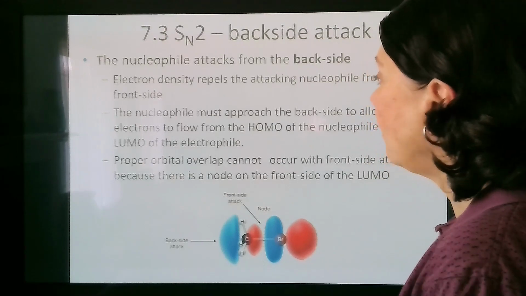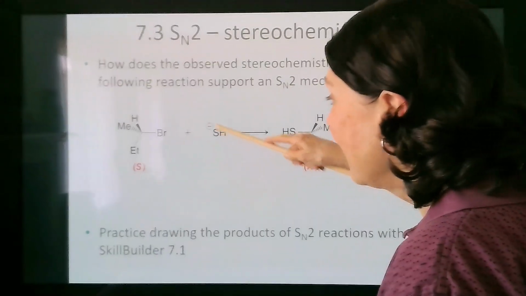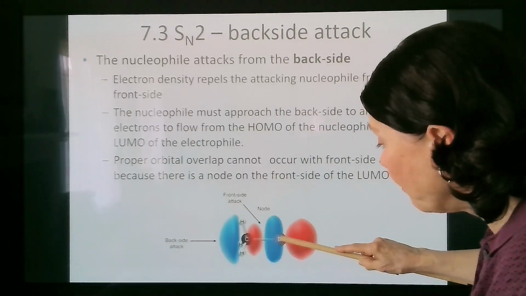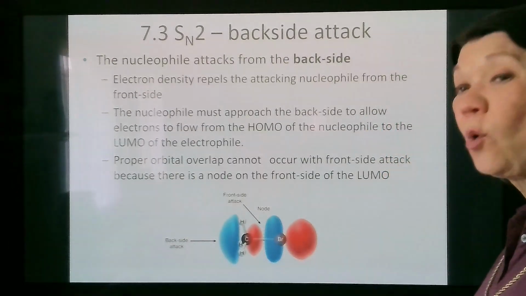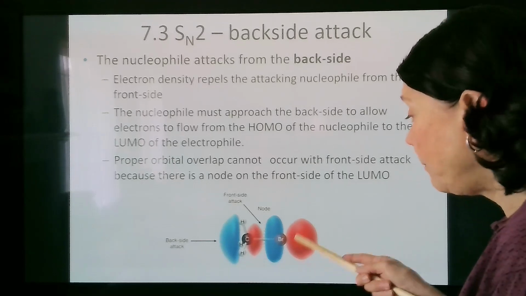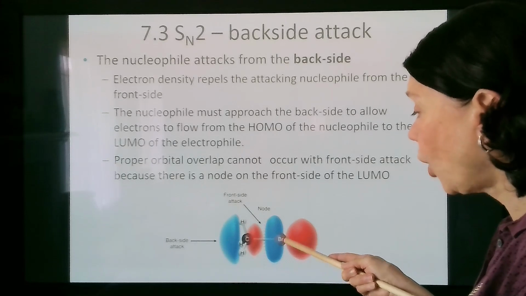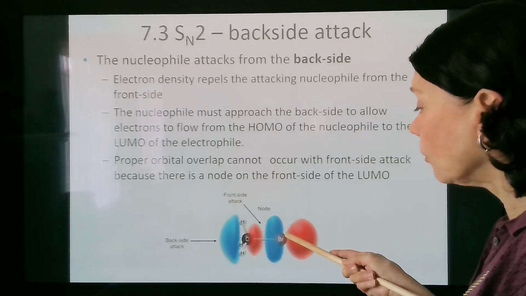Let's go back and look at that. What you've got is an anion attacking that molecule. And so you know that bromine is electron rich. So S minus is not going to be attracted to the bromine in this molecule.